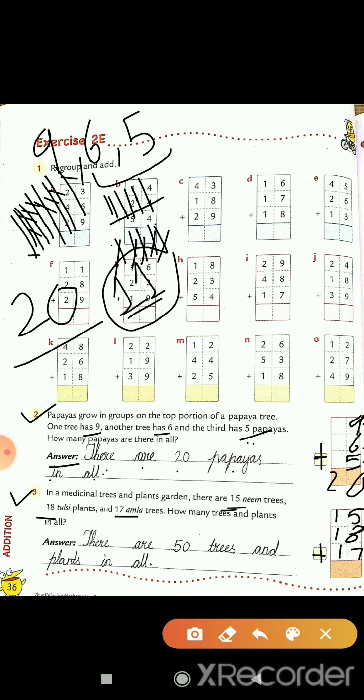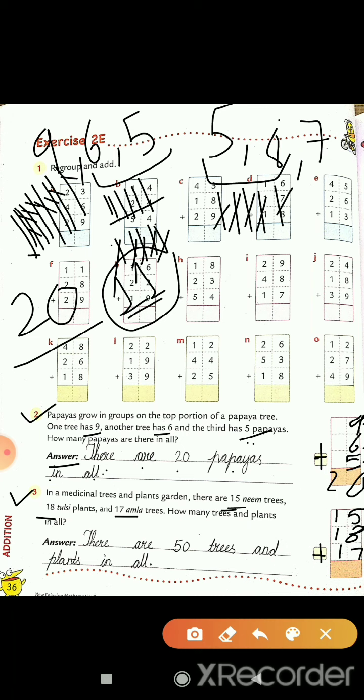And in this box, the sign of plus. Now we have to add 5, 8 and 7 first because they are at the ones place. So add 5 and 8 first. 8 is the bigger number. 1, 2, 3, 4, 5. What comes after 8? 9, 10, 11, 12, 13. So when we add 5 and 8, we get 13. Now add the remaining number, that is 7.